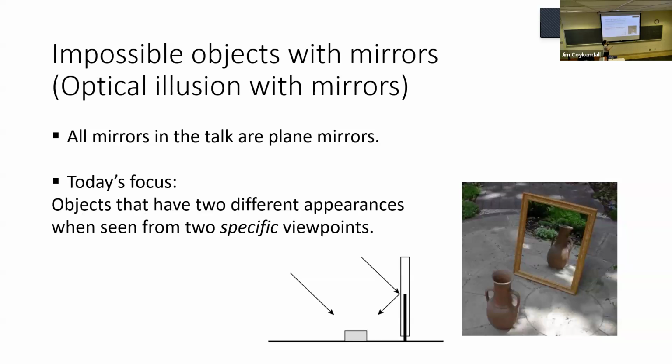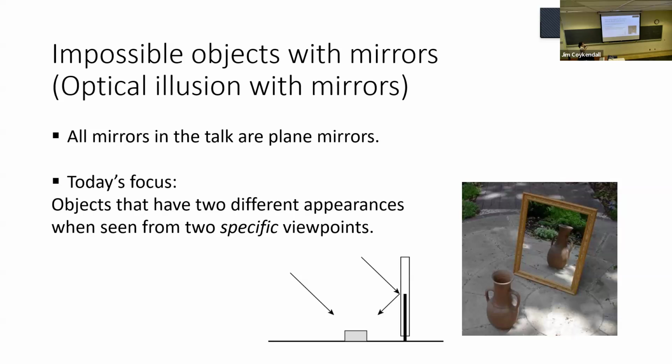So say this mirror tells us the back of the vase. When we find that what we think the object looks like is different from what it appears in the mirror, it means that the object has two different appearances when we have two different viewpoints, the direct view and the mirror view.